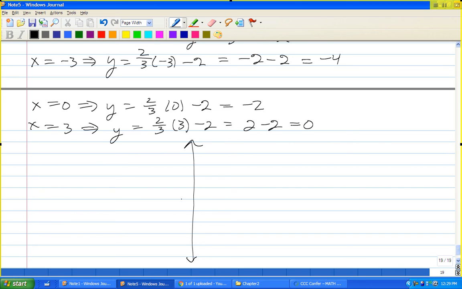So let's put in tick marks. Tick marks are actually like the hardest things to put in correctly.